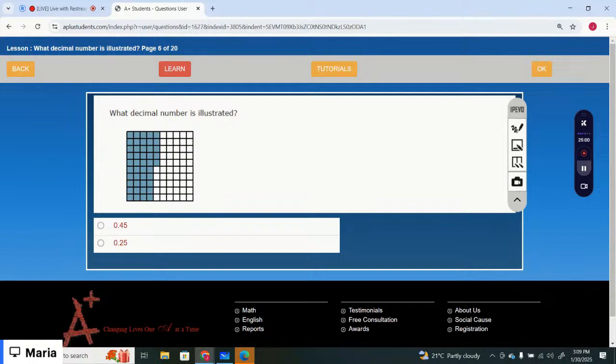The correct option is 0.45. Option number 1 is the correct option.